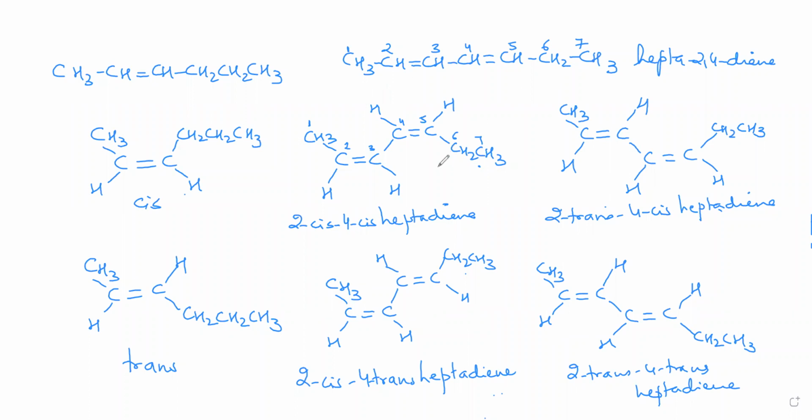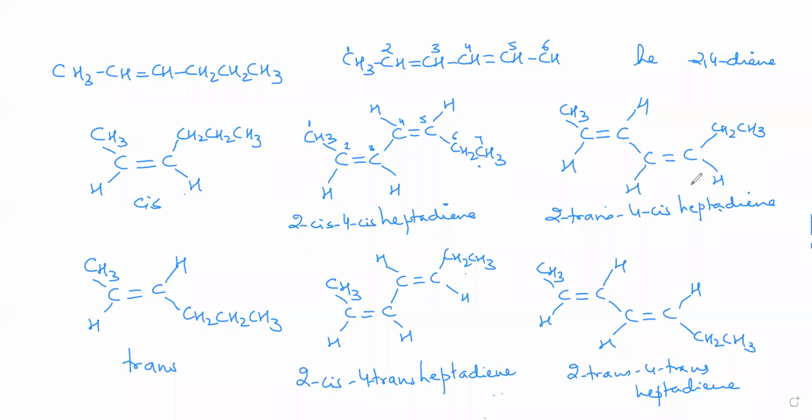Both the double bonds having cis configuration, both having trans configuration, the double bond at C2 having cis and C4 having trans, and vice versa. That means C2 trans and C4 cis. So 4 configurations possible. Now supposing I change this to a symmetrical alkene. This was unsymmetrical, I got 4. I'm changing it to symmetrical by removing 1 carbon.